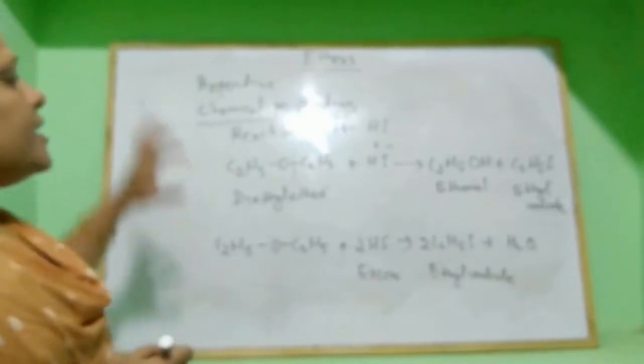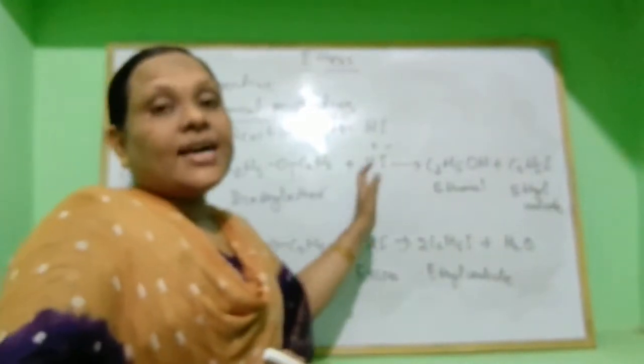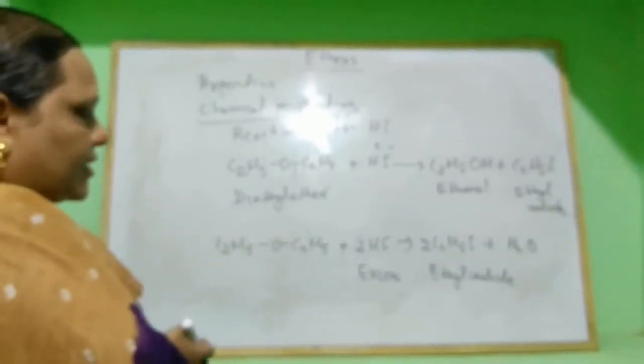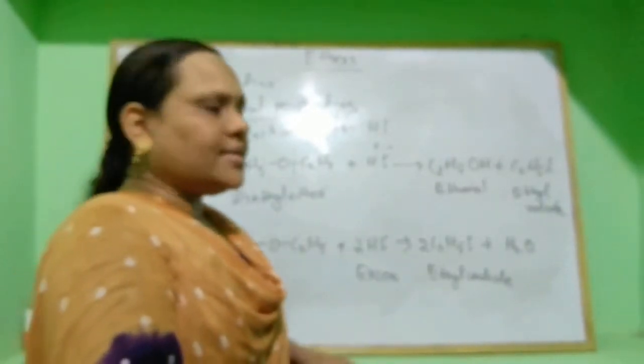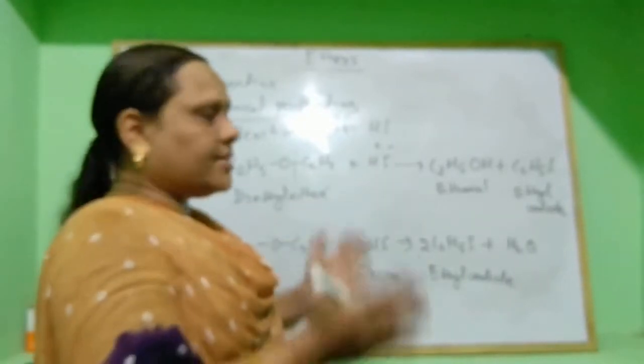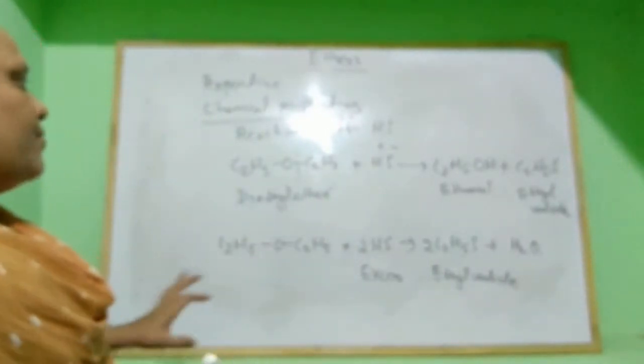Okay. So if it is a symmetrical ether, then there is no problem where hydrogen is attached and where iodine is attached; it does not matter.